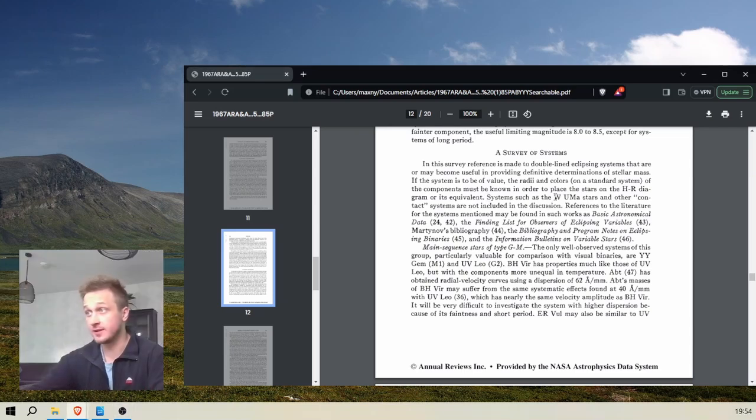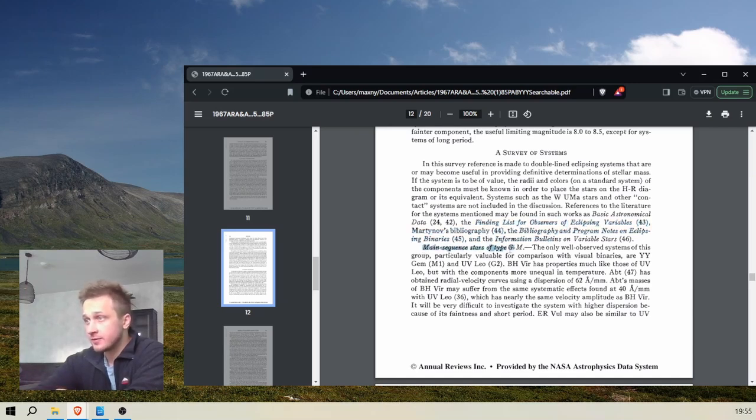Systems such as the W Ursa Major stars and other contact systems are not included in the discussion. References to the literature for the systems mentioned may be found in such works as Basic Astronomical Data, okay, a list of a lot of works.